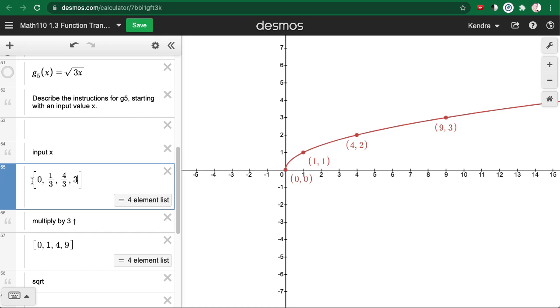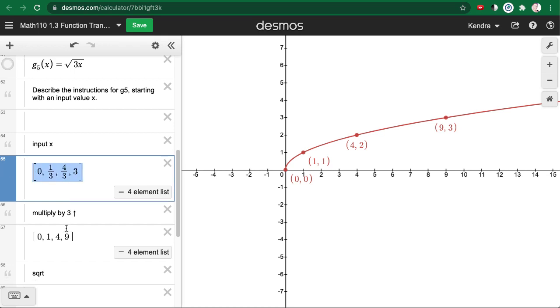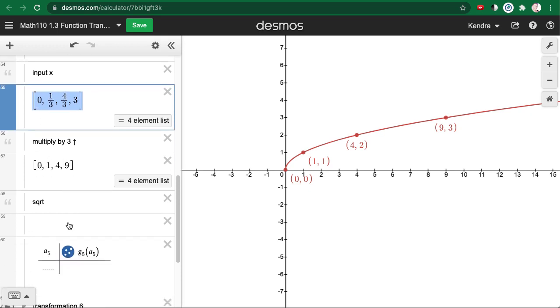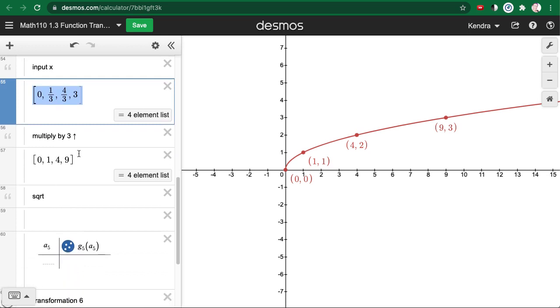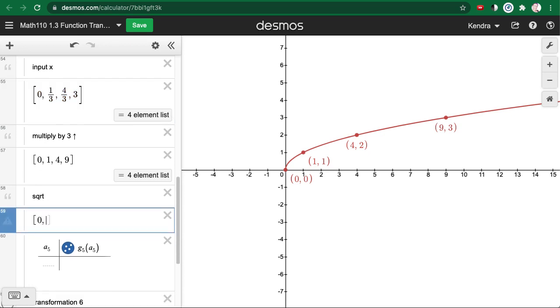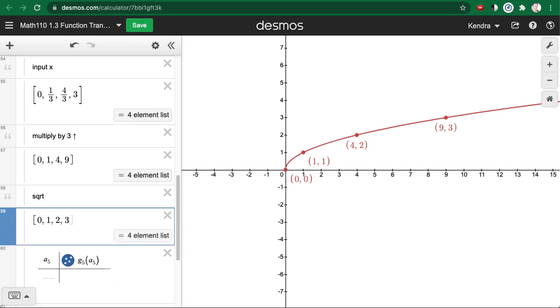So now, if I take these as my input values, then I would multiply them by 3, and I would get these 4 numbers. 0 times 3 is 0, 1/3 times 3 is 1, 4/3 times 3 is 4, 3 times 3 is 9. And now, tracking these through the function, the next step would be to take the square root of those, and those are going to be 0, 1, 2, and 3.